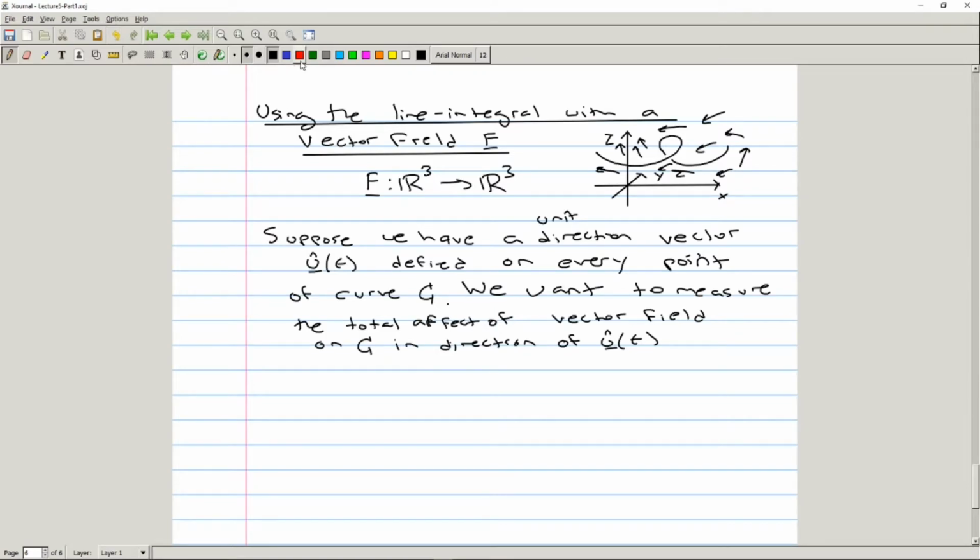But what we're saying is that we have some direction vector U hat. The black vectors here are the F at R, and the blue vectors here are some vector u hat, which could change. It could point in a different direction at any given point along this curve. But suppose we want to figure out the total, or the net effect, of the vector field F on the curve C in the direction of u of t.